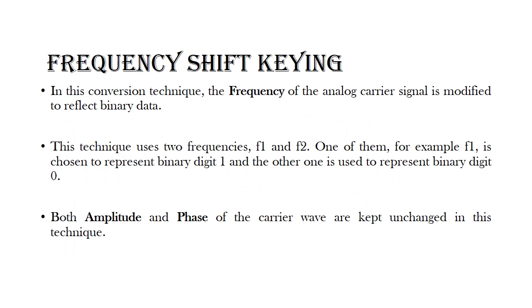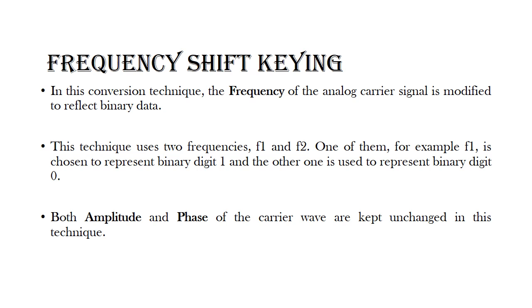Second type of modulation technique is frequency shift keying. Here again by the name you can understand that frequency of the analog signal is modified to reflect binary data, and amplitude and phase of the signals will remain unchanged.